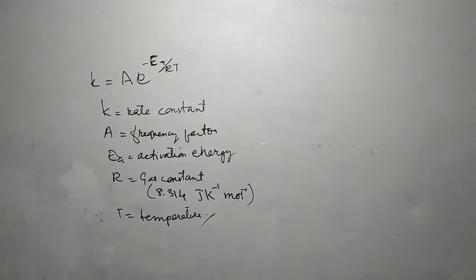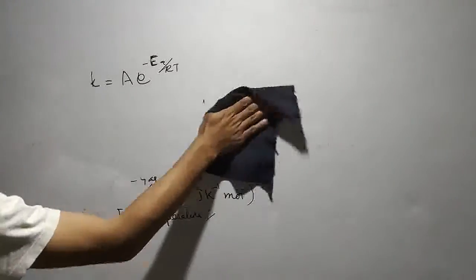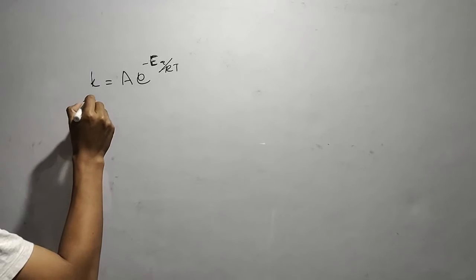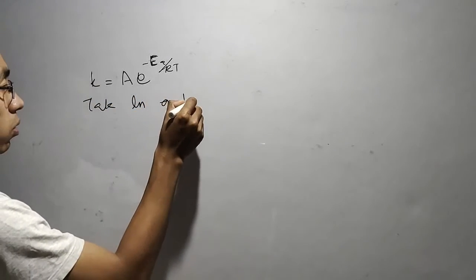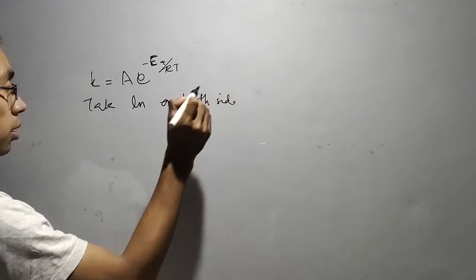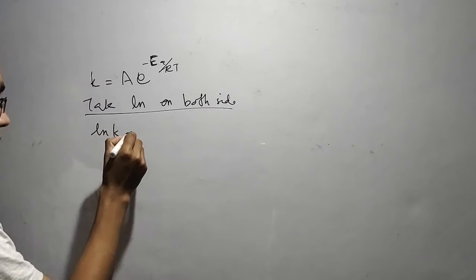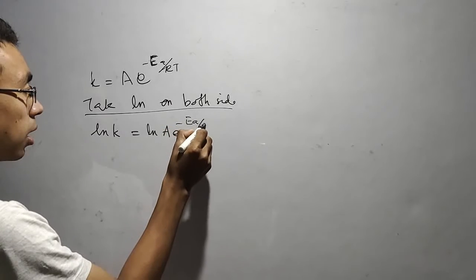Now I'll give you a task. I'll erase this one. From here, we shall take ln, that is, take log on both sides. After taking log, it will be ln k is equal to ln of A times e to the power minus Ea by RT.